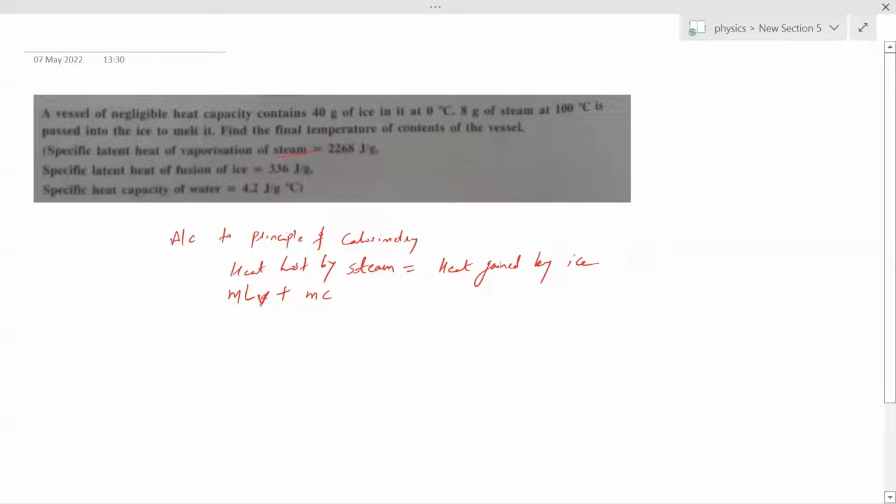That's why we wrote m, heat lost by steam. So steam will convert to water. So m c_w delta T is equal to m c delta T plus mL plus m c delta T.